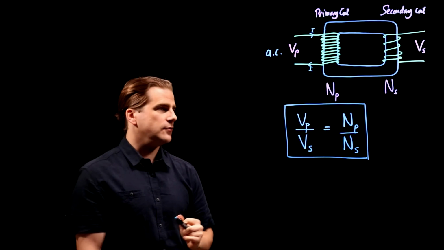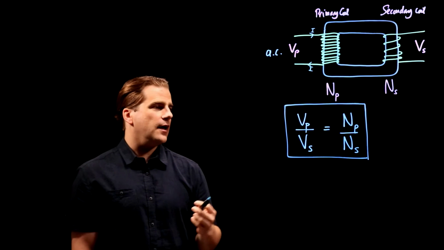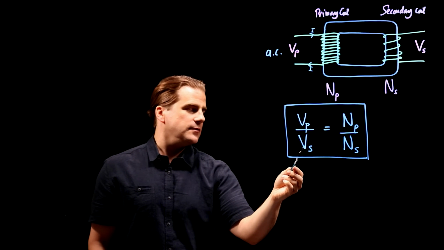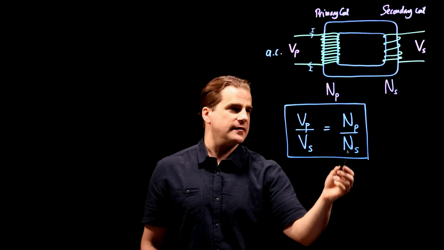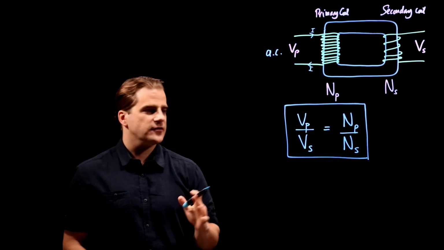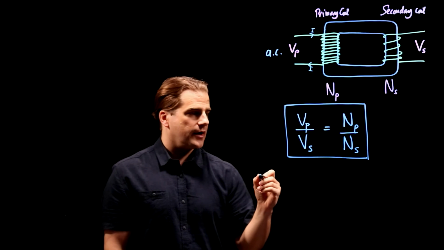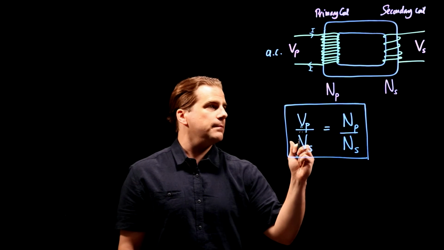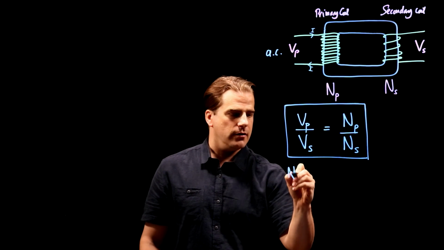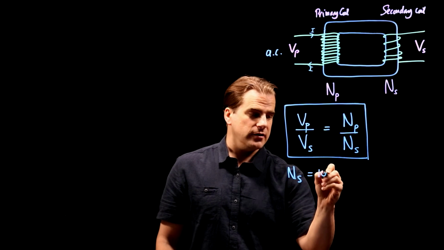And often they ask you to work out, say, the number of turns on the primary coil, and they give you the primary voltage, the secondary voltage, and the secondary number of turns. So let's just do a quick example. Let's work out the number of turns on the primary coil if the number of turns on the secondary coil is 1,000, say.